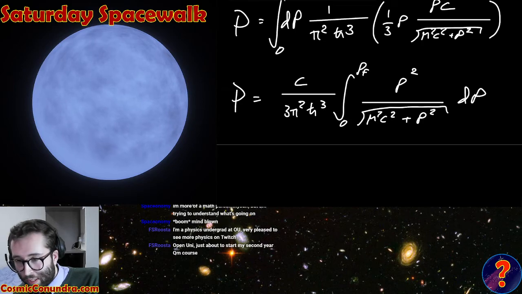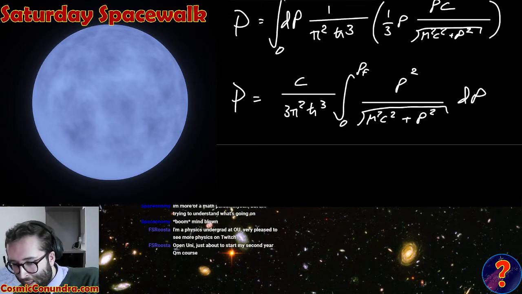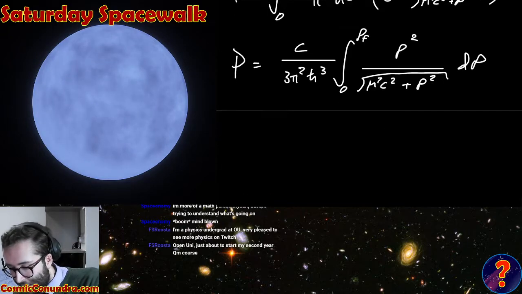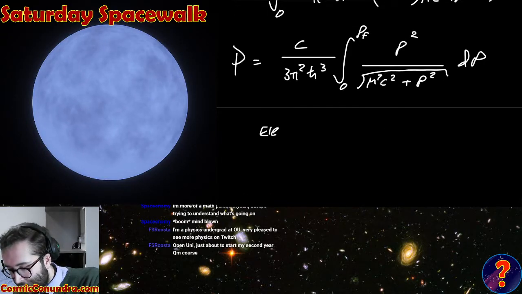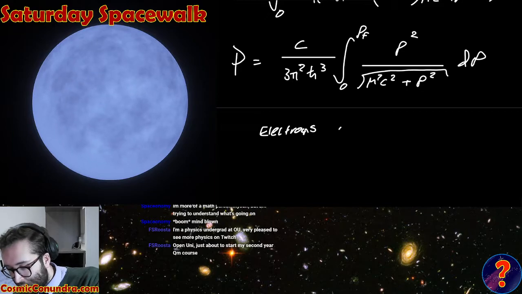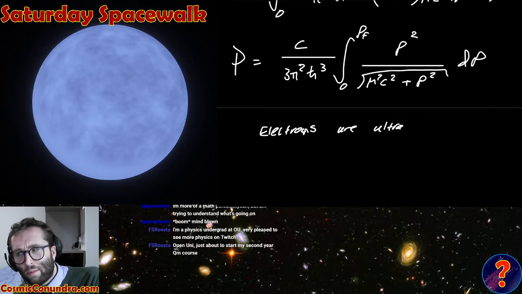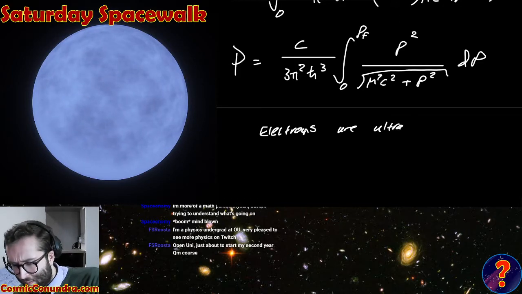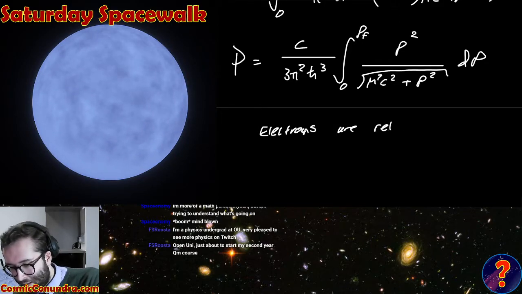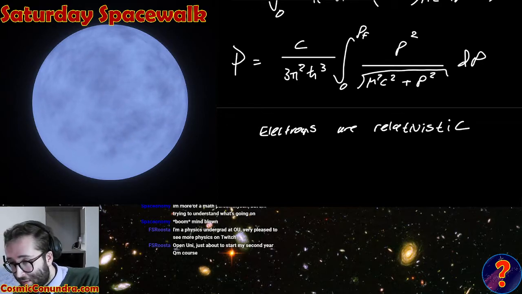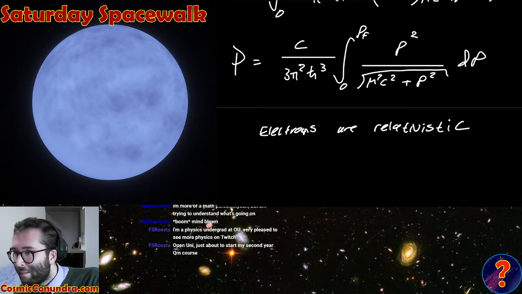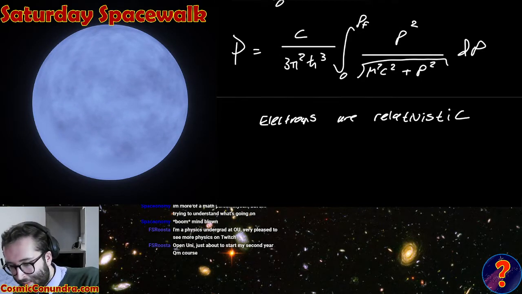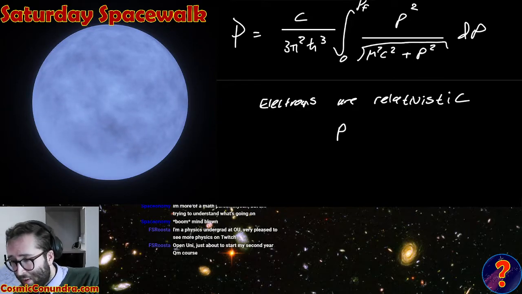So if the electrons are moving very, very quickly, if they are what we describe as ultra-relativistic, actually wait, is that the right word? I can't remember if ultra-relativistic means faster than the speed of light. I don't think it does. I'm just going to call them relativistic anyway, because I've forgotten the terminology. If the electrons are relativistic, moving close to the speed of light, then, well, not even that.